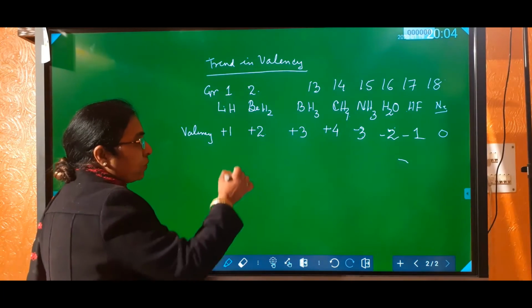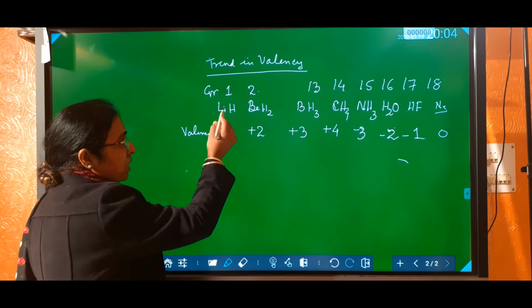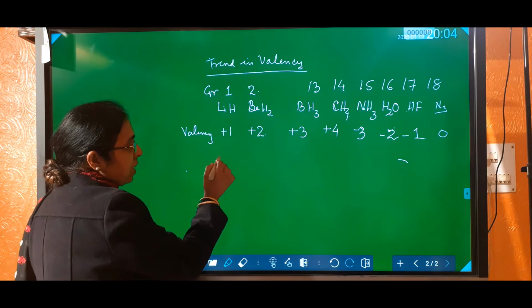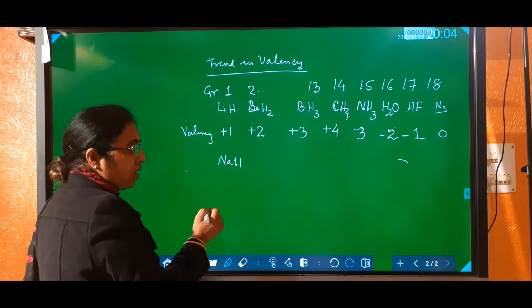If you move down the group, if lithium is having valency like this, similarly sodium hydride, if you write, sodium will also have the valency 1.